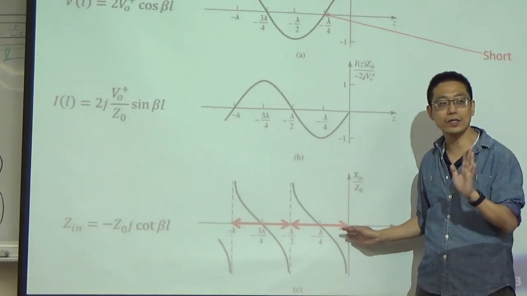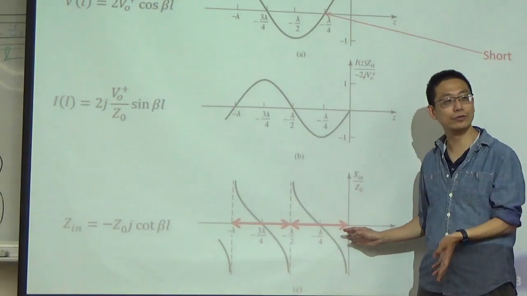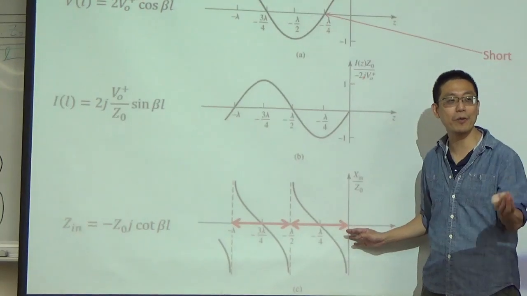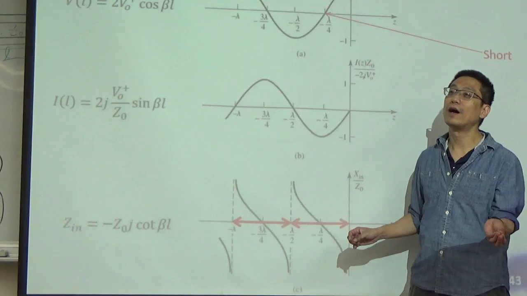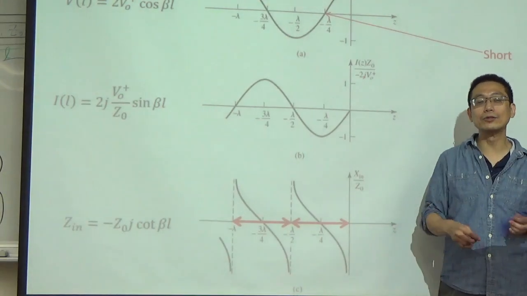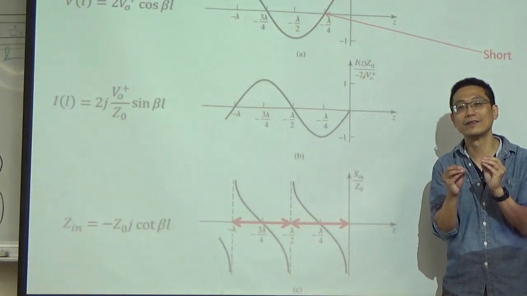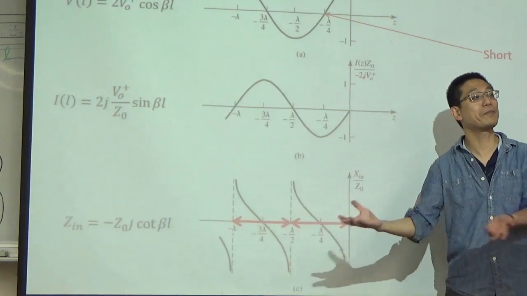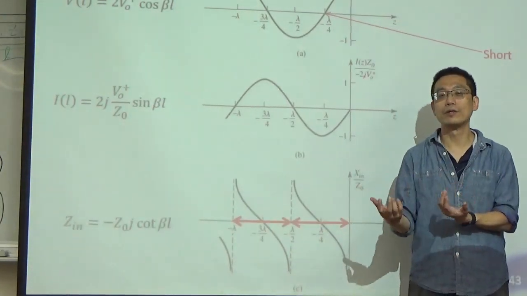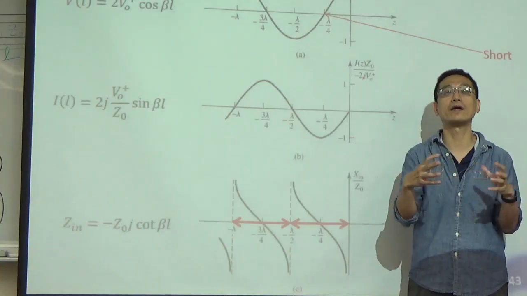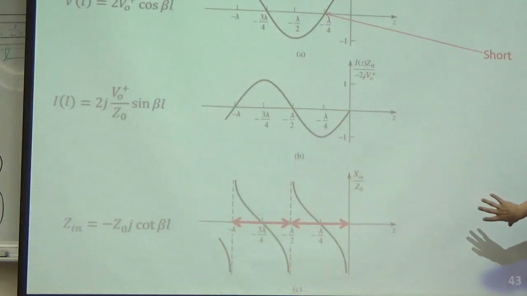We don't use a transmission line longer than lambda over 2, except if you want to waste your money. Or maybe that is an attenuator. You try to decay your energy, you try to attenuate your signal. Except that, if you want to do a design, we usually want to make it as small as possible, right? Okay? That makes sense.